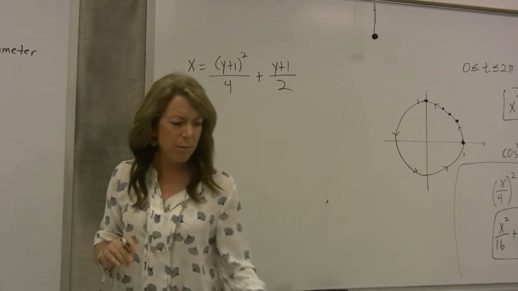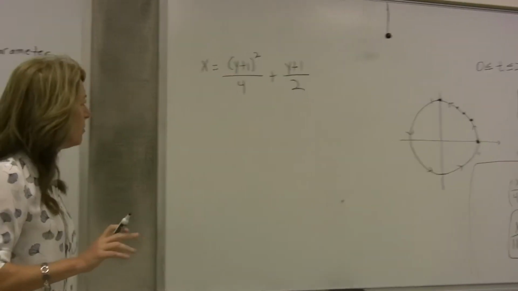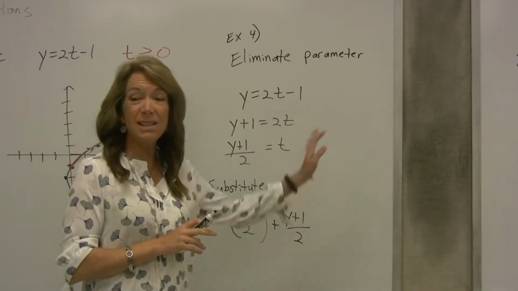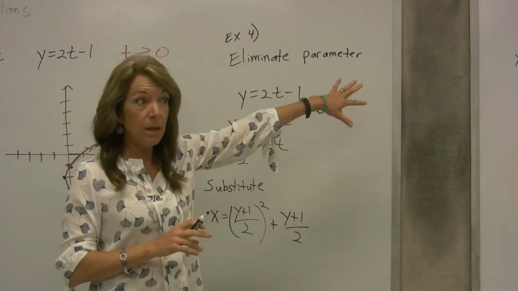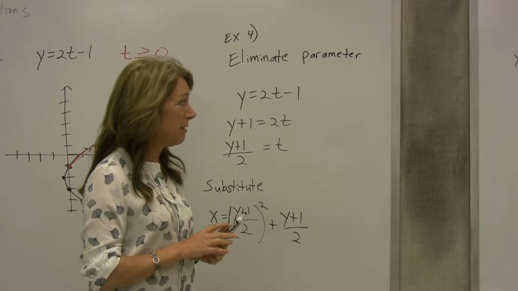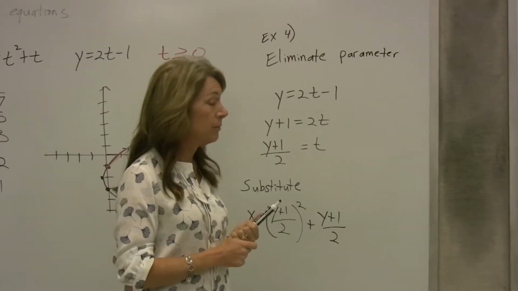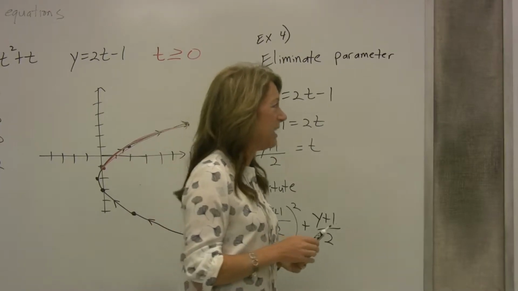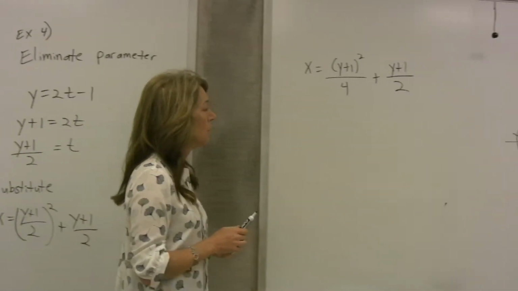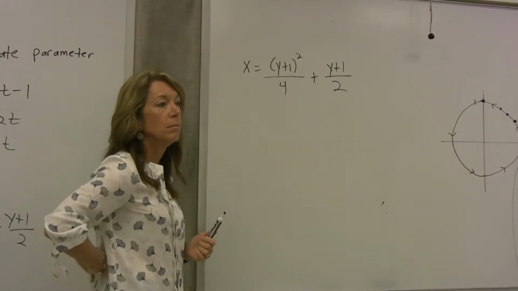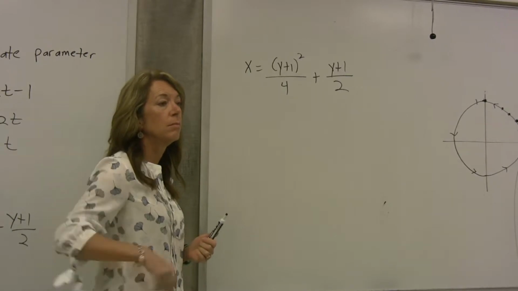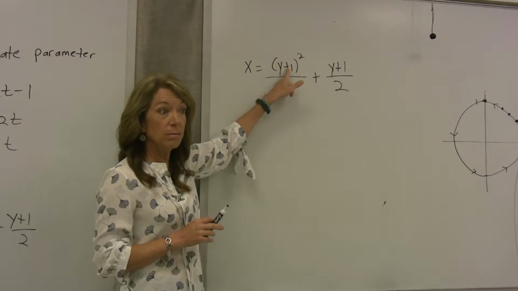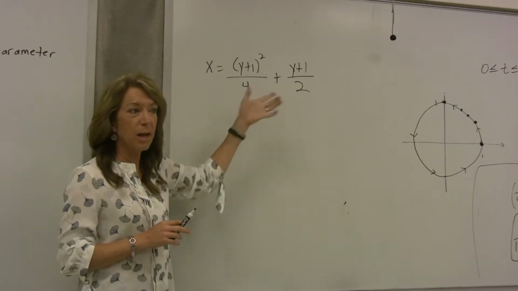I'm just trying to simplify it and get it in terms of x and y, whatever I can, to see what the heck it looks like. Notice the t's are already gone. There are no t's in there. Now we just want to get it cleaner. Suggestions on how to clean that up? Multiply it out and then do a common denominator. Yeah, maybe multiply this out, and then get a common denominator to put everything together.